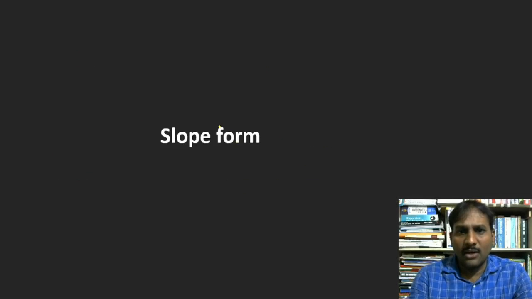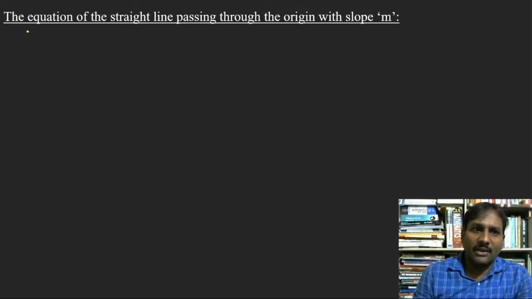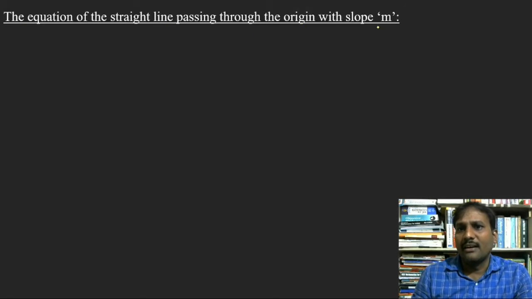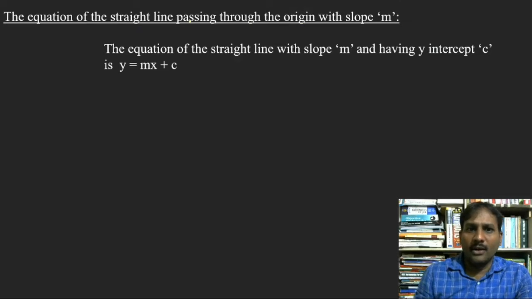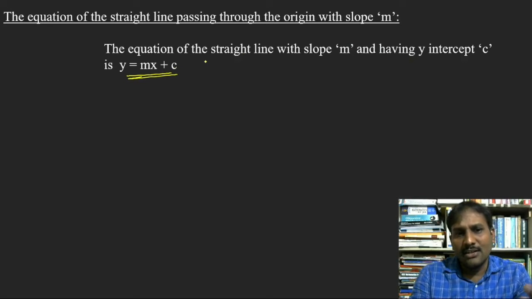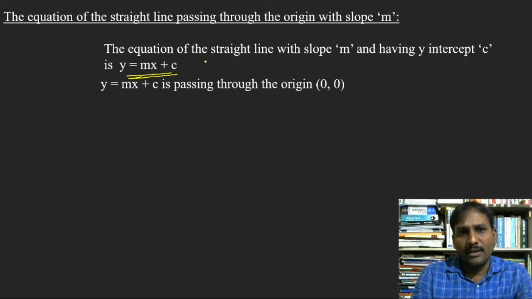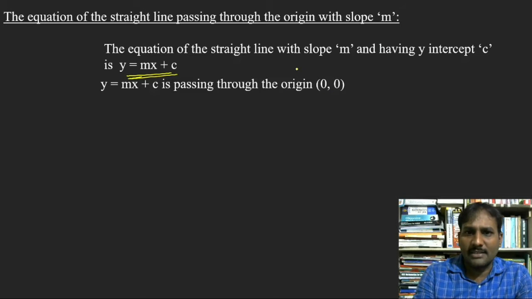Okay, now we learn about slope form. Here we are going to find the equation of the straight line passing through the origin with slope m. The equation of the straight line with slope m and having y-intercept c is y is equal to mx plus c. Just now we have learned that, it is the slope intercept form. Now if y is equal to mx plus c is passing through the origin, then what happens?